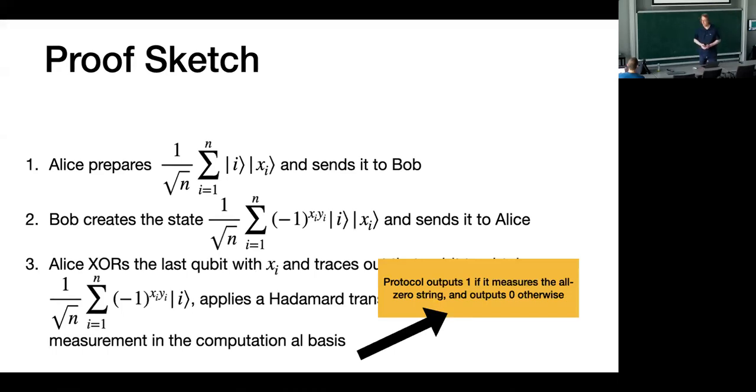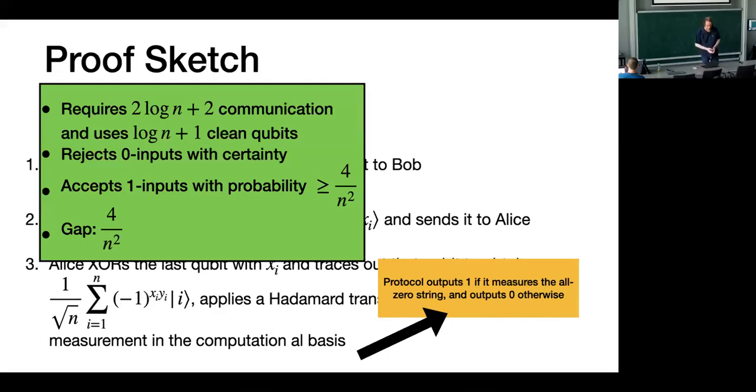The protocol outputs 1 if it does not measure the all 0 string and outputs 0 otherwise. It's fairly standard stuff. Then it's not hard to see that we communicate 2 log n plus 2 bits. Using log n plus 1 clean qubits, we reject the 0 inputs with certainty and accept 1 inputs with probability 4 over n squared.